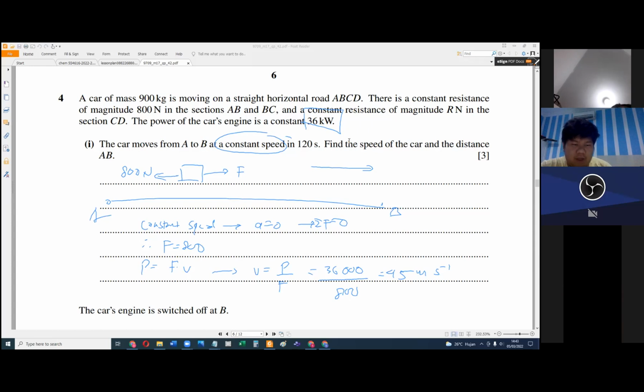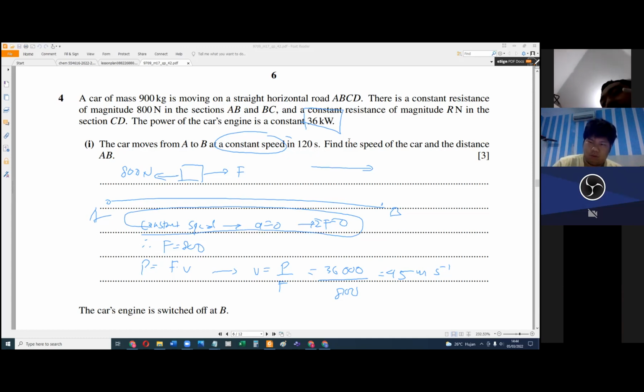That means if there's a word like constant speed, it's general knowledge that the acceleration is zero. That means you're going to get the force here. That's the importance of constant speed. If it's constant speed, you have no acceleration. No acceleration means no net force.